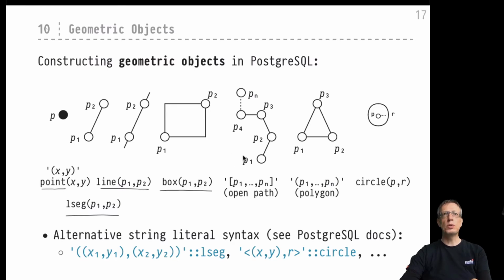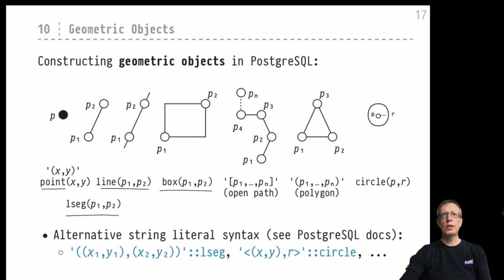So it could be just an arbitrary path in the 2D plane. Closed paths or polygons are described by this syntax with the open parentheses here, and you see this is the polygon, a triangle of 3 points that I've described here. And the starting and the ending point of such a polygon are indeed identical.